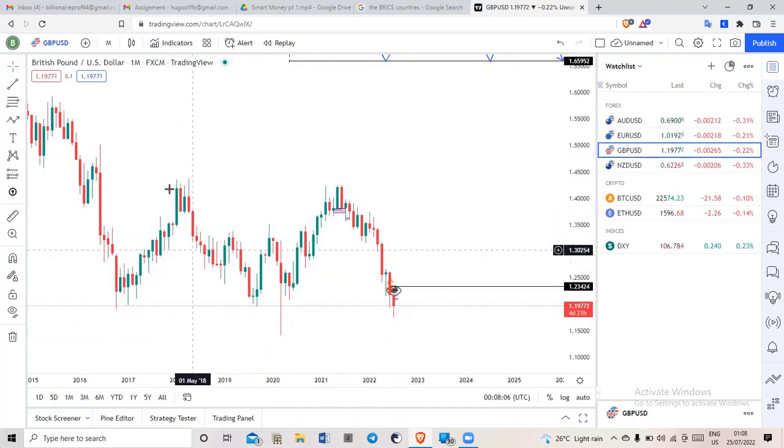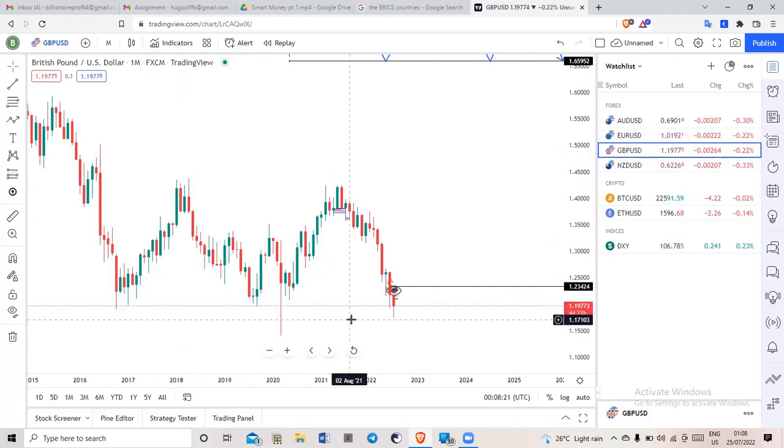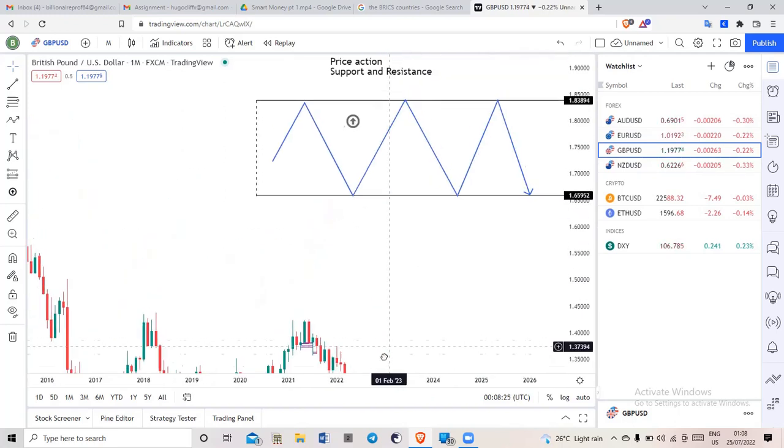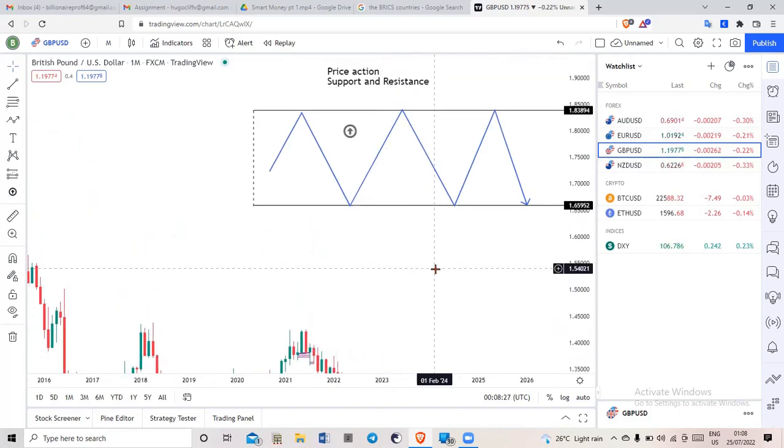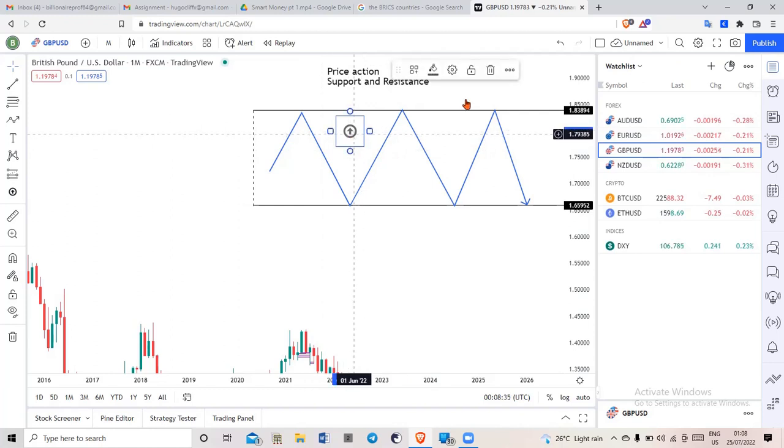Since this shape here is upside down, you can call the top a ceiling, and the bottom, sorry, you can call a floor. By the way, essentially this is what we know as support and resistance.